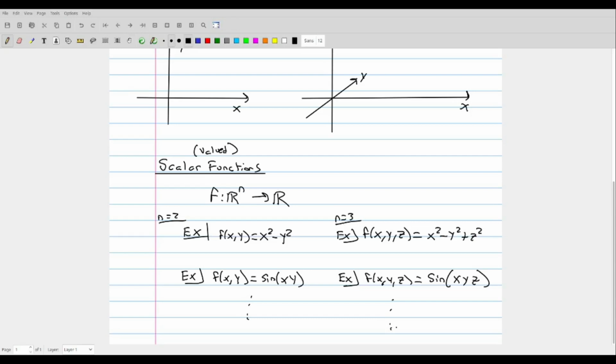But the idea here is that we're always associating an input to an output, and for a scalar function of n variables, the input is a vector of n values, x1, x2, all the way to xn.